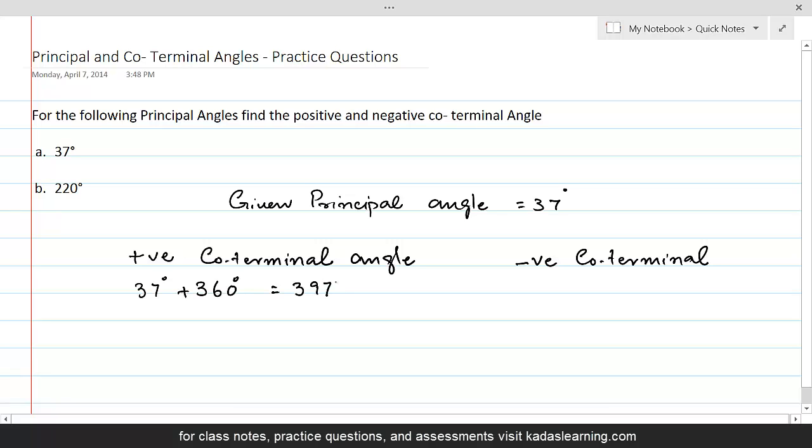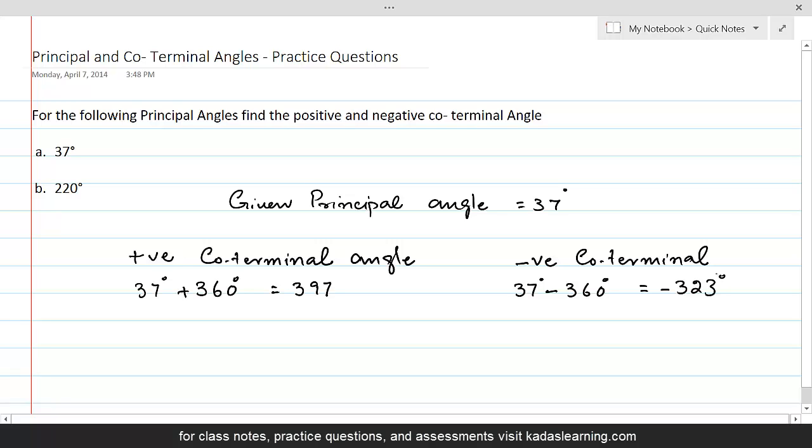And if we subtract 360, we can find the negative coterminal. So let's do the subtraction, and 37 degrees minus 360 would give us minus 323 degrees.